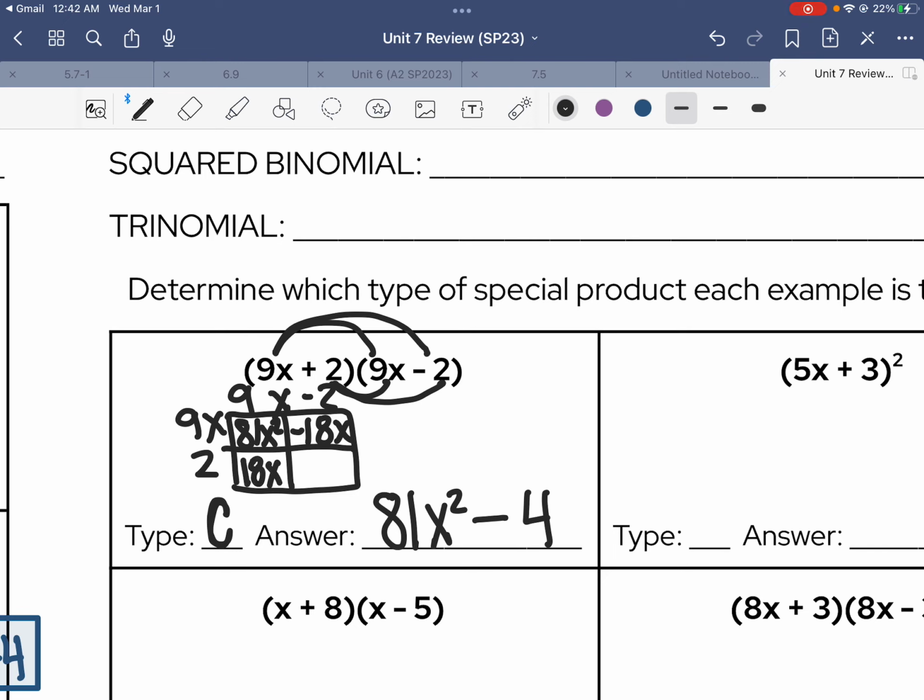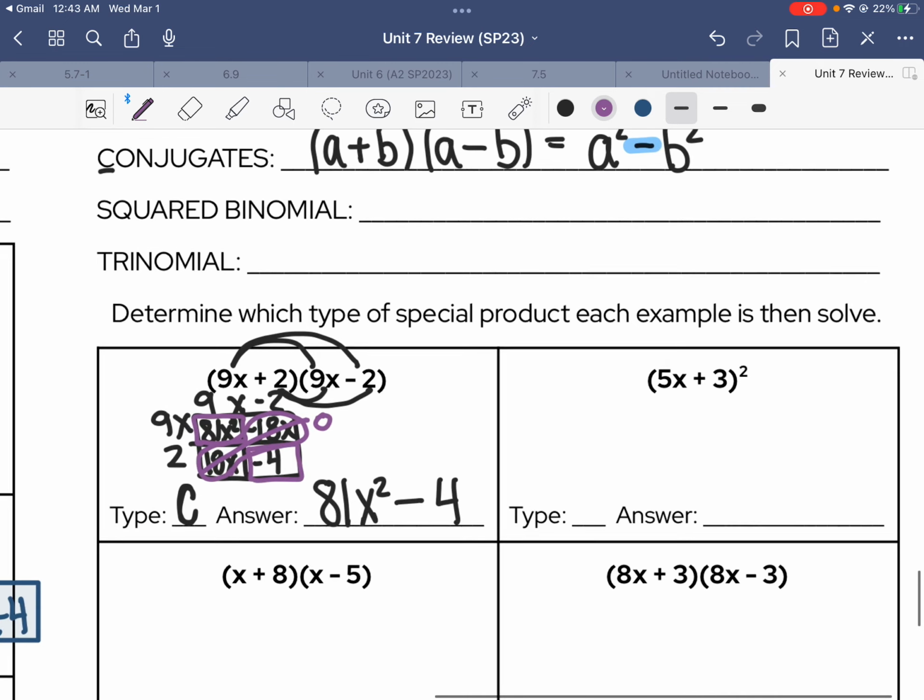And 2 times negative 2 is negative 4. Then, when you go to add the 2 in the middle together, 18 plus negative 18 is 0. That's why it's just the first one and the last one.